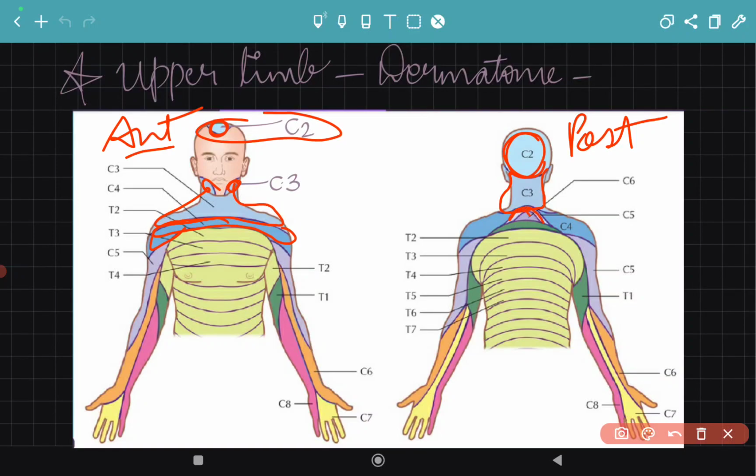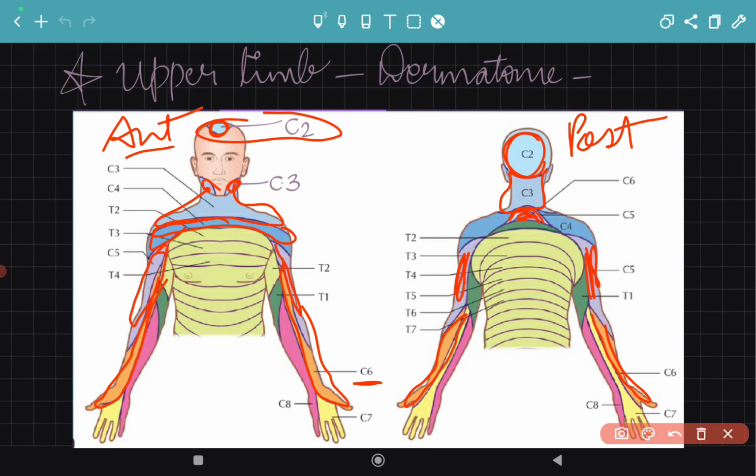Then comes C5, bilaterally, descending this way. Then comes C6. This orange part can be appreciated, C6, which is at the lateral side. Posteriorly also the orange part can be appreciated, which is C6.